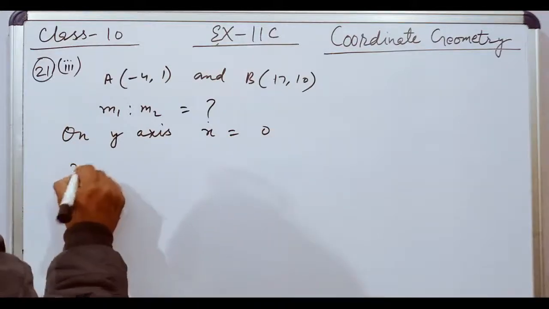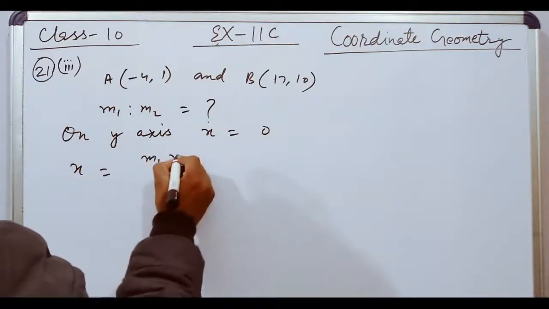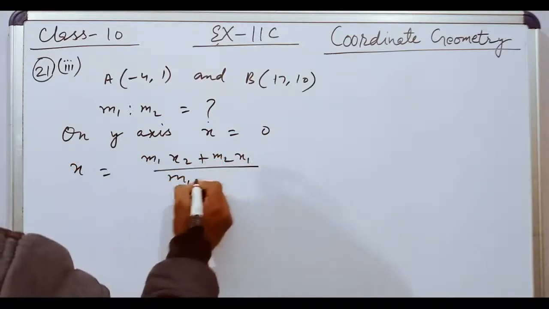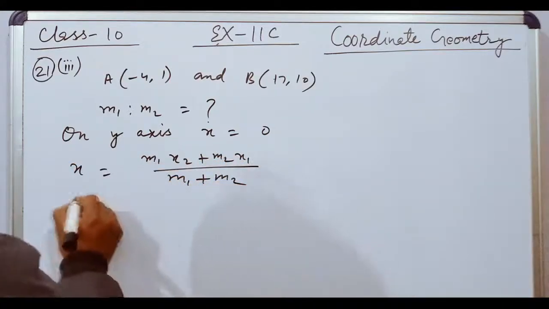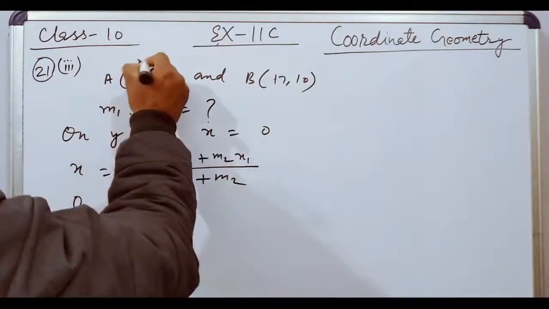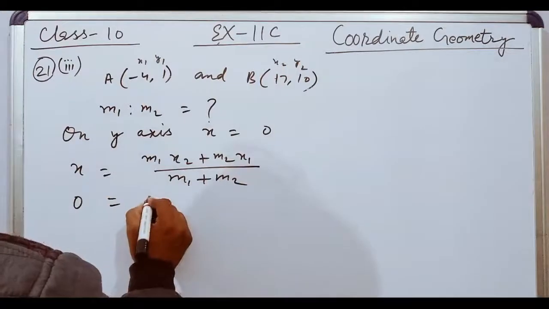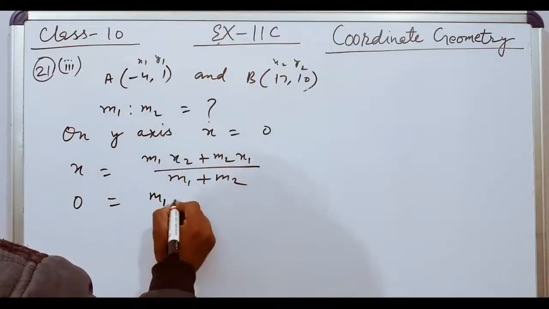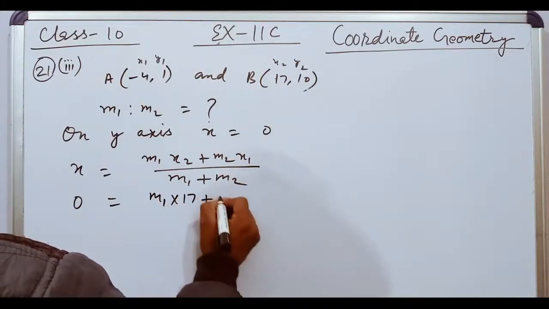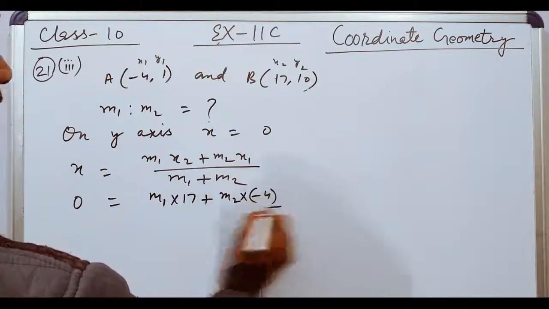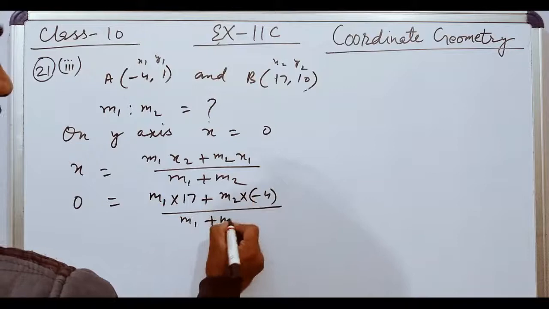So we use x equal to (m1 x2 plus m2 x1) upon (m1 plus m2), and put 0 in place of x. So m1 times 17 plus m2 times minus 4, upon m1 plus m2.